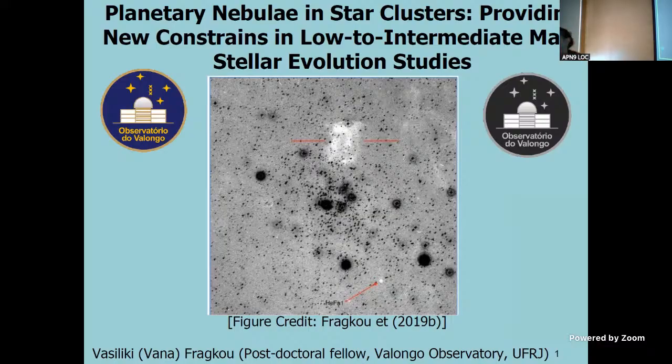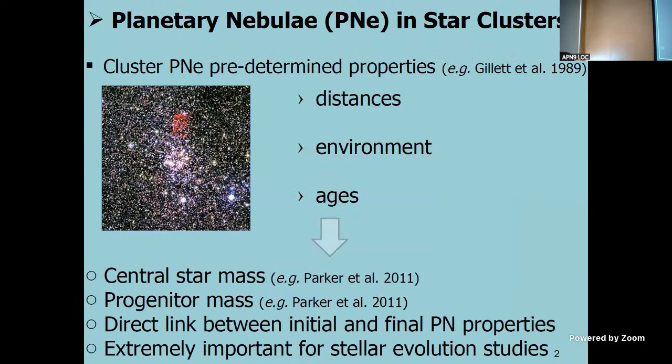I will talk about planetary nebulae in star clusters and how these are providing new constraints in low to intermediate mass stellar evolution studies. Planetary nebulae that belong to star clusters have the advantage that some of their properties are predetermined, such as distances, environment, and ages.